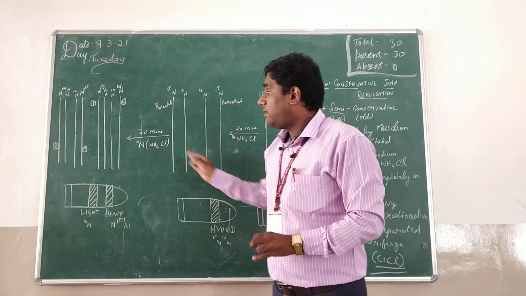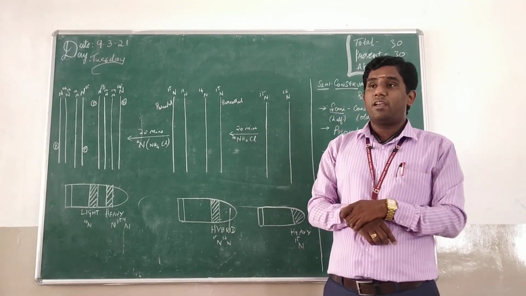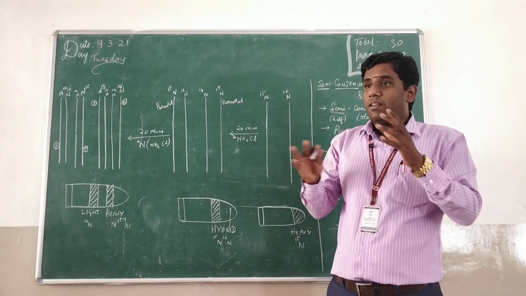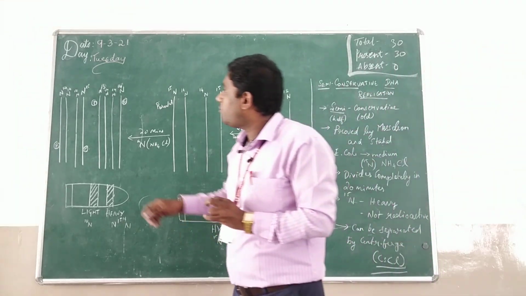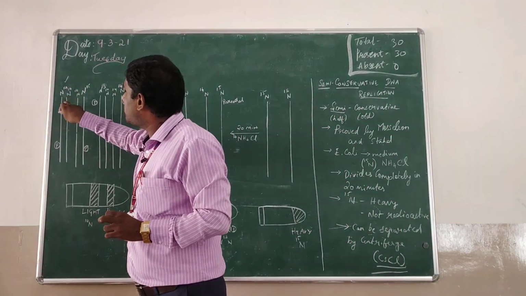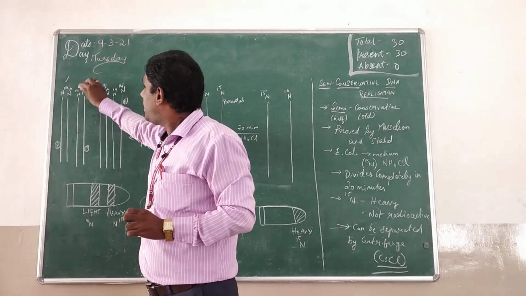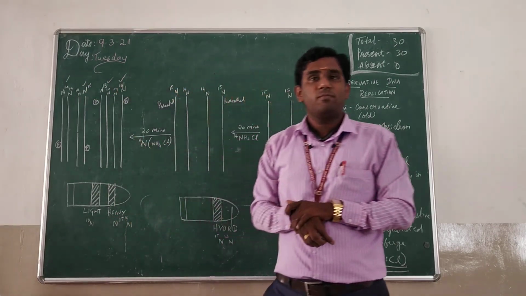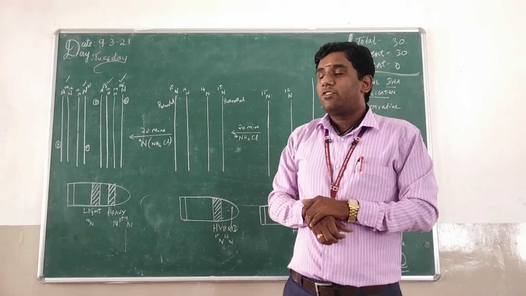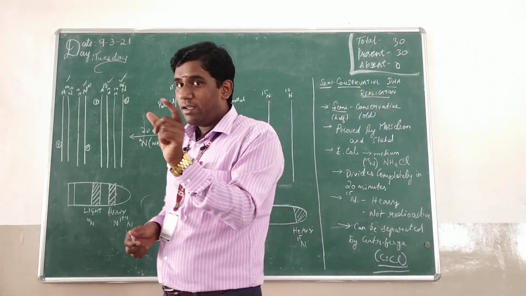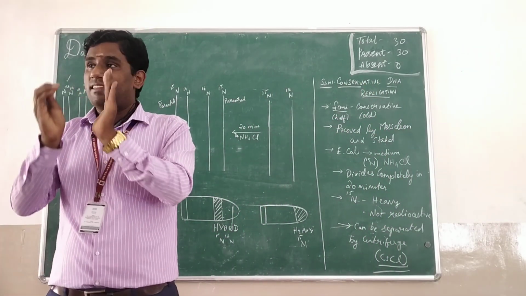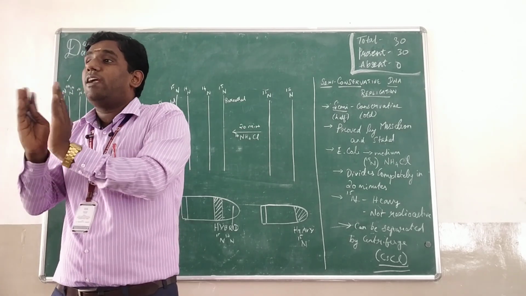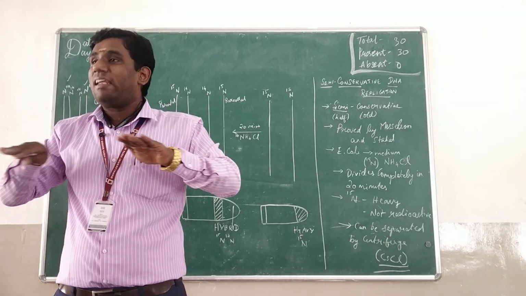When they went to the final, last generation, the result was completely mind-blowing, because there are two strands completely with N14, and here it is N14, N15, N14, N15, and again N14, N14. You're able to find that. So N15 is very heavy. N14 and N15 together is a hybrid. If both are N14, then it is going to be very, very light.